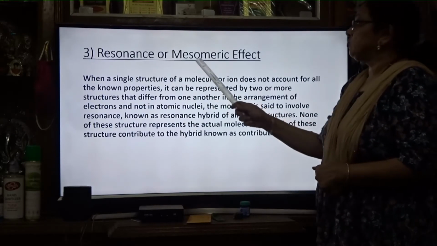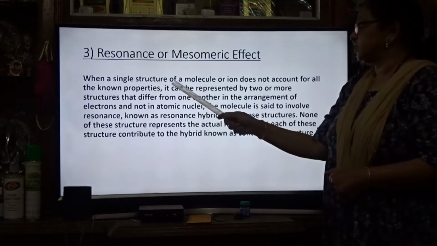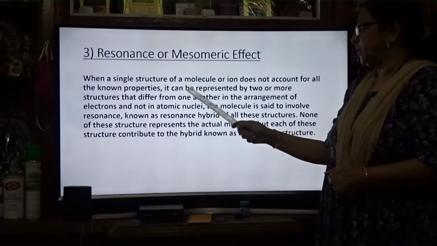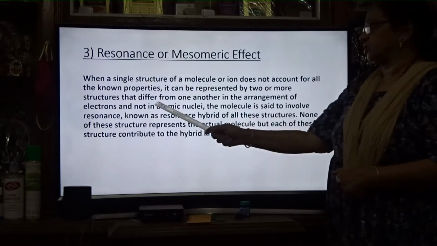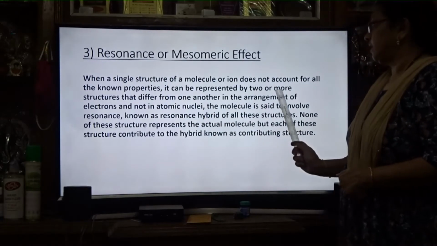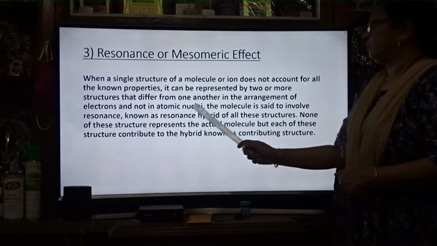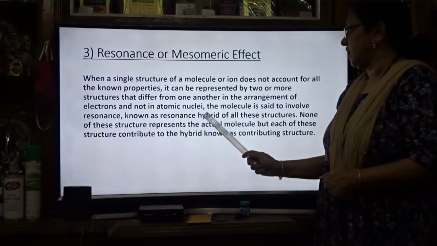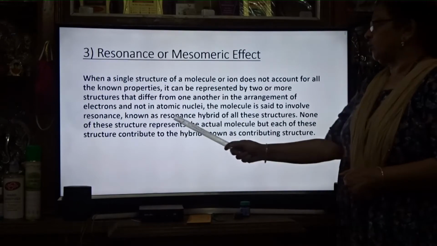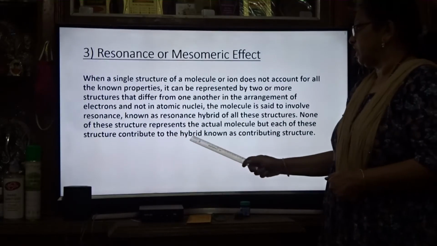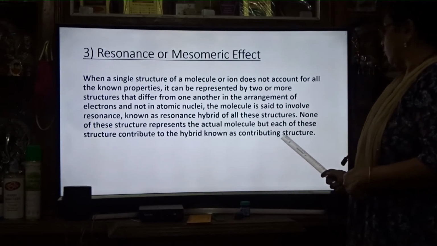Then resonance or mesomeric effect: when a single structure of a molecule or ion does not account for all its properties, it can be represented by two or more structures that differ from one another in the arrangement of electrons and not in atomic nuclei. The molecule is said to involve resonance, and is known as the resonance hybrid of all these structures. None of these structures represents the actual molecule, but each contributes to the hybrid and is known as a contributing structure.